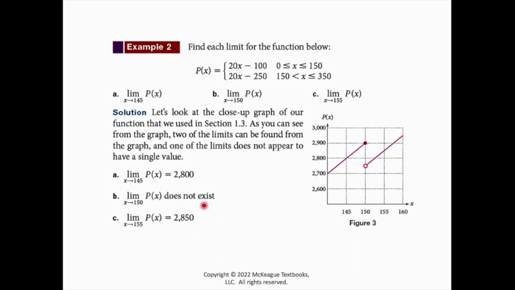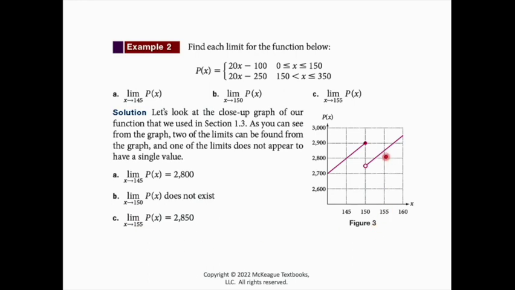So what we're going to do, we're going to look at 3 different limits. The first limit is as x approaches 145. If I'm coming in from this side or if I'm coming in from this side, the limit is going to be 2,800. For part C, we're trying to find the limit as x approaches 155.